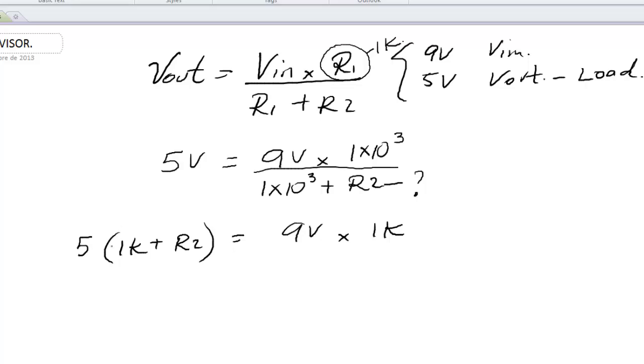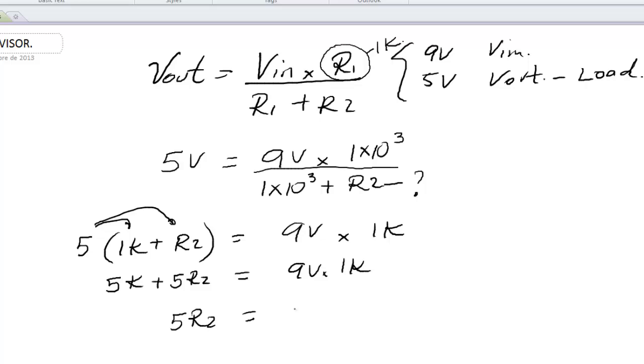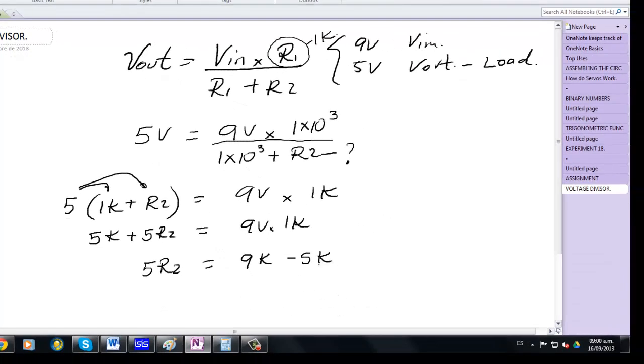Now here let's use the distributive property, and we have 5K plus 5R2 equal to 9 volts times 1K. Now I want to leave this alone so I can solve it. So I would have 9 volts times 1K, which is 9K, minus 5K.